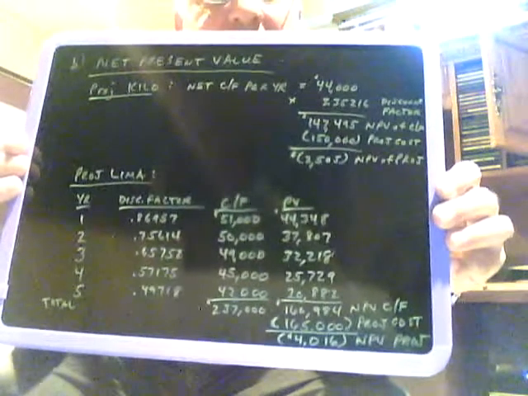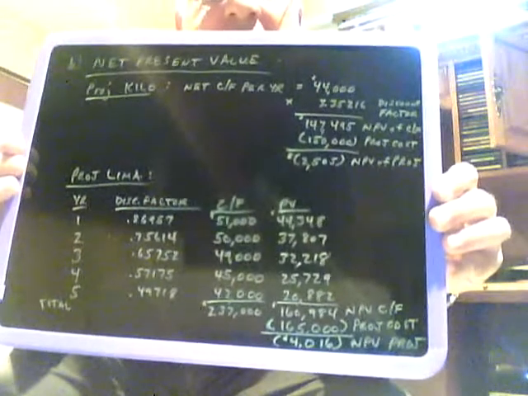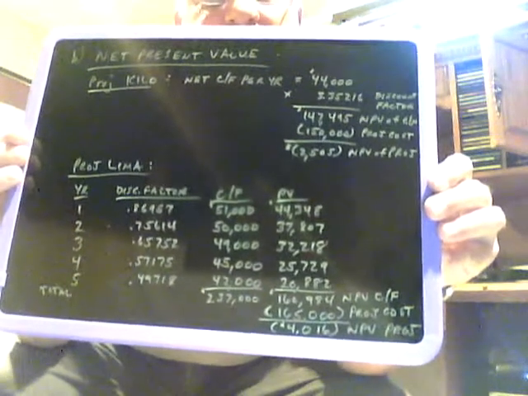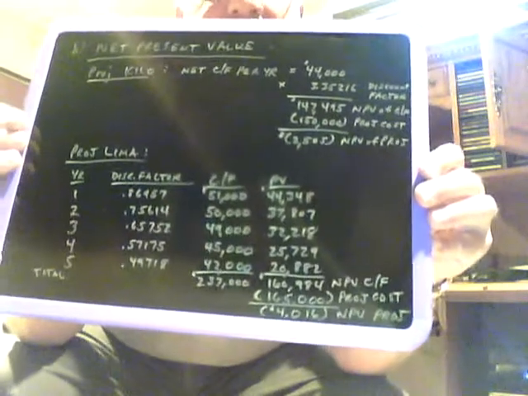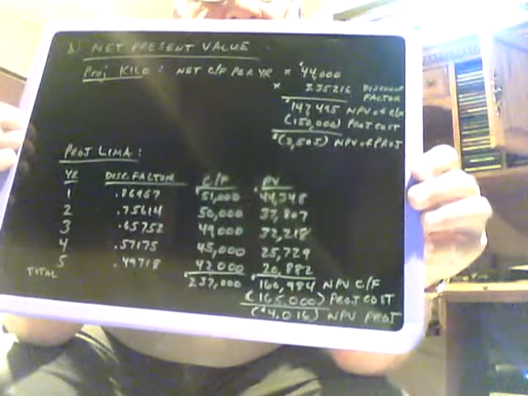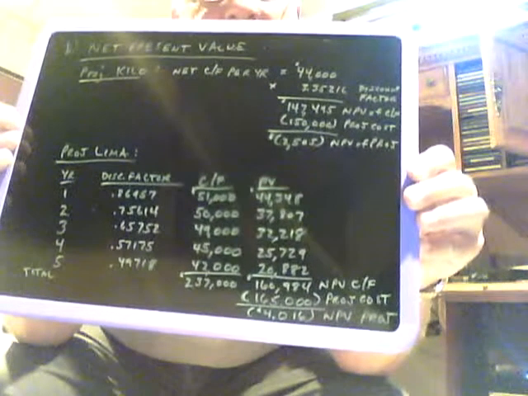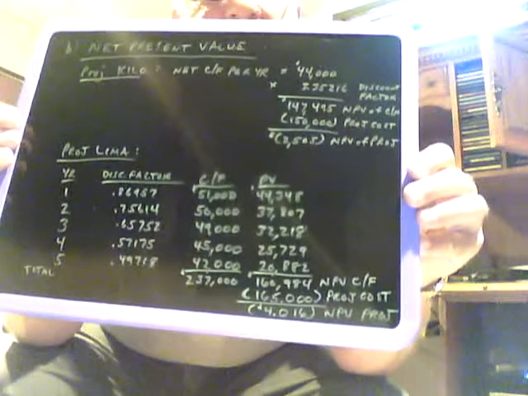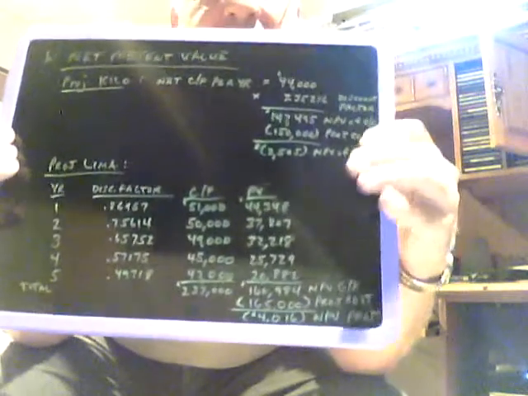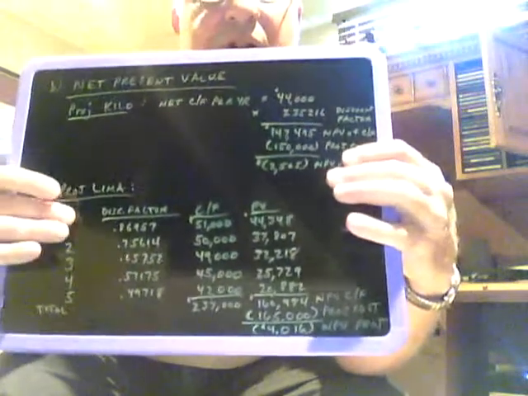When we go to Project Lima, that has a different cash flow per year, we can simply drop that cash flow information from the cash payback part of it into years 1 through 5 for Project Lima on this one. But now, in doing net present value, we need to multiply each of those annual cash flows by a different discount factor per year.